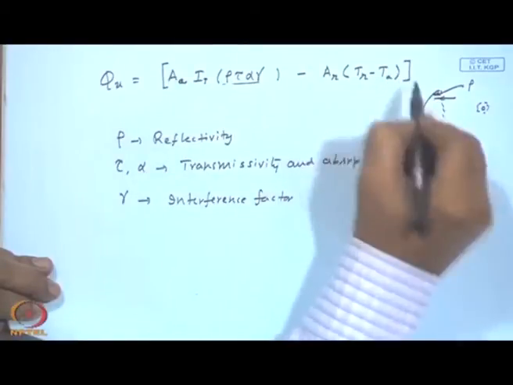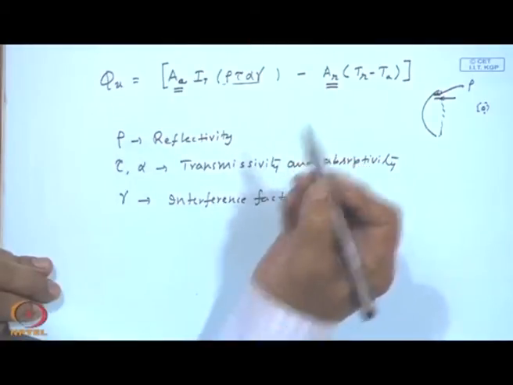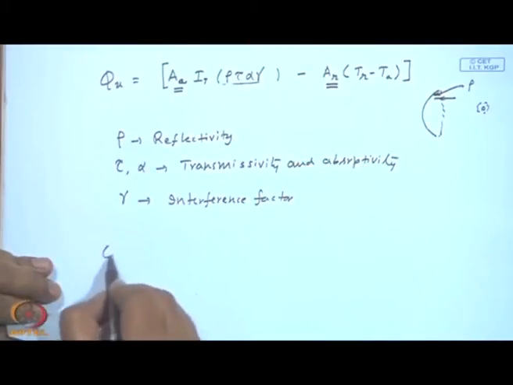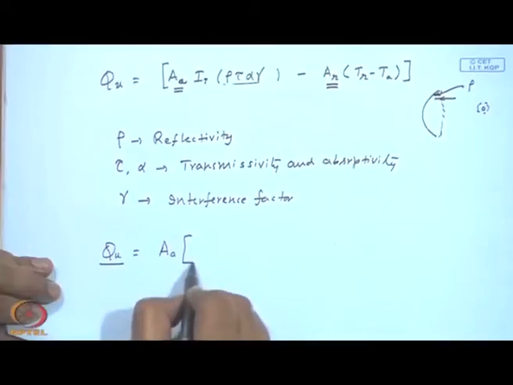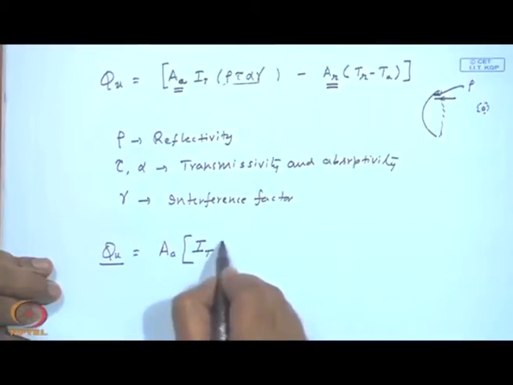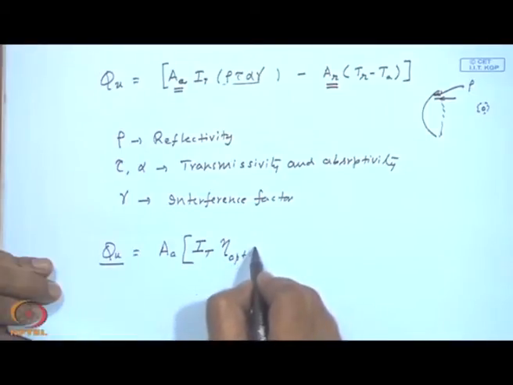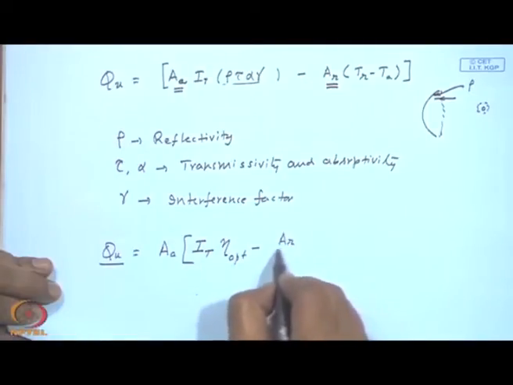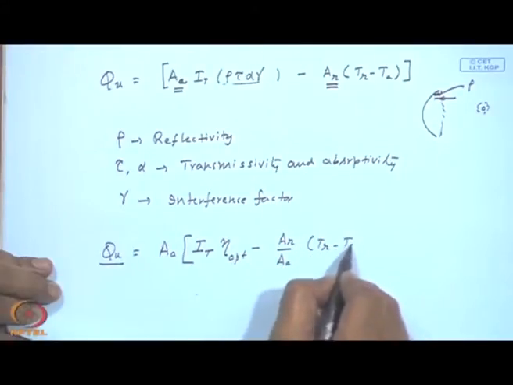Now, the losses are taking place from AR, whereas the collection is taking place from AA. So, if you write Q u equal to AA, which is analogous to our AC in the case of flat plate collectors, multiplied by IT, I will call it overall eta optics, minus AR by AA into TR minus TA.